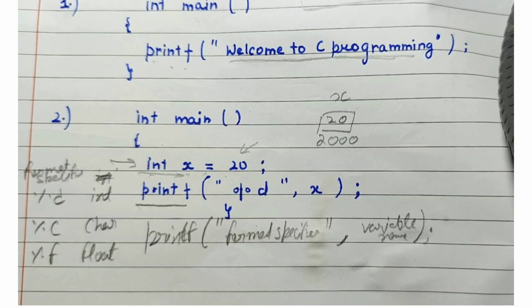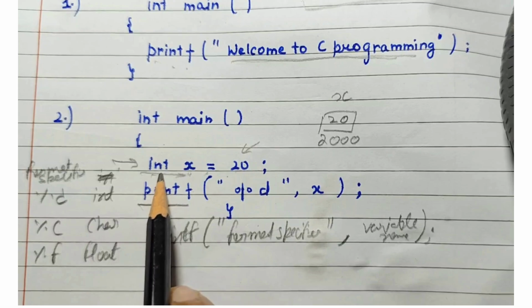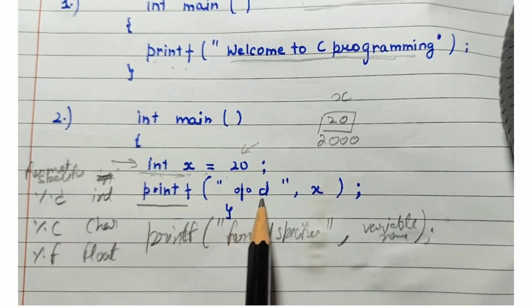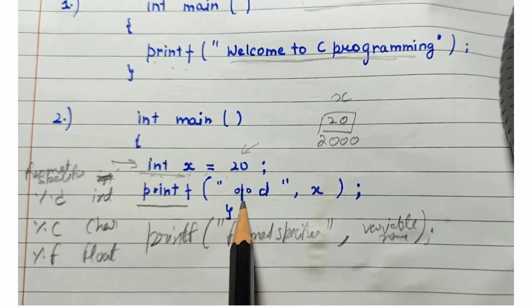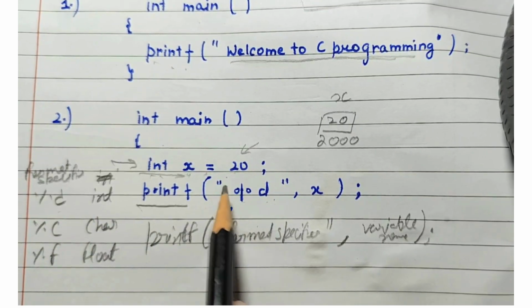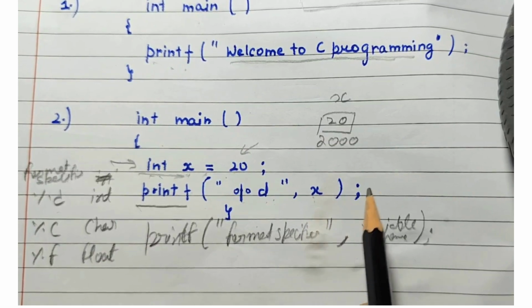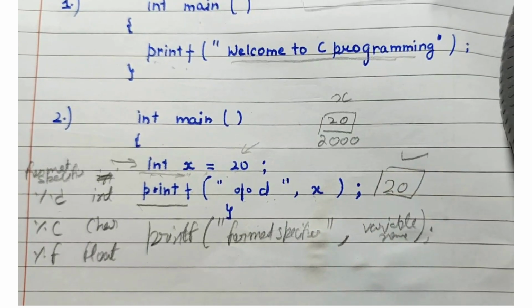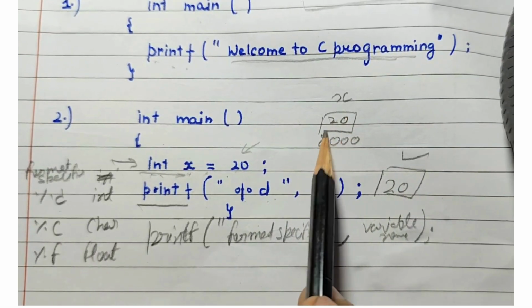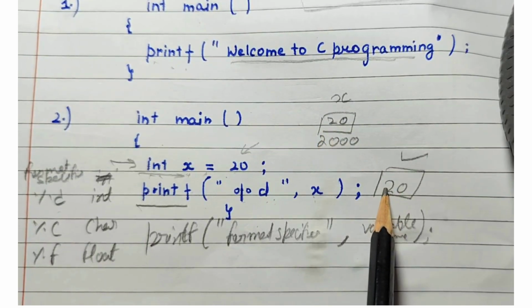Whenever you display an integer type value, at that time we use %d. So here for integer, %d is the format specifier, included in double quotes, and then it will display the value. Include the variable name x, and here the value 20 will display on the output screen, because it will fetch the value of x from the RAM, and here 20 is stored, so 20 will display on the output screen.